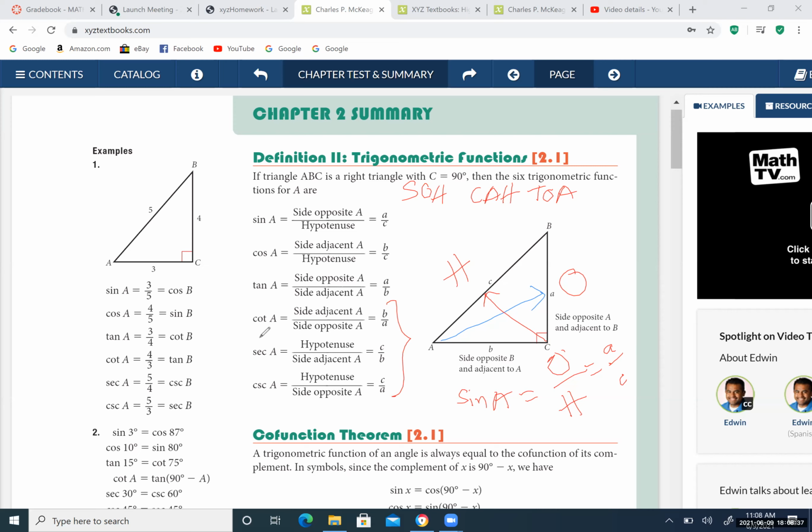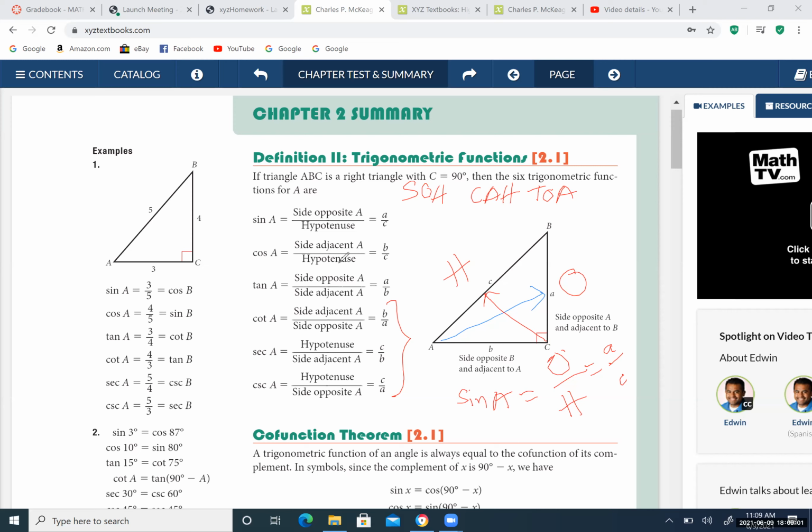Don't you notice that? Cotangent is the opposite of tangent, the reciprocal of tangent. Secant of angle A is the opposite of cosine, because secant is 1 over cosine. Remember that trig identity?